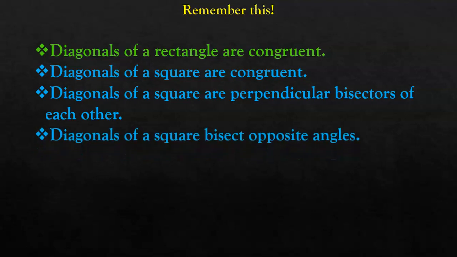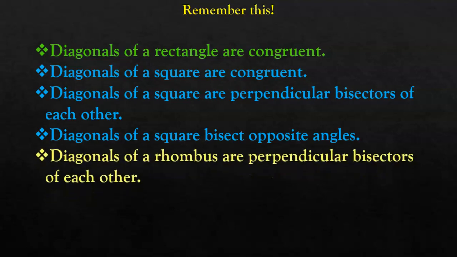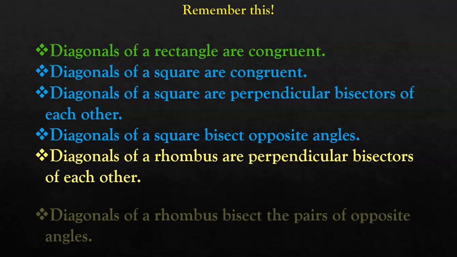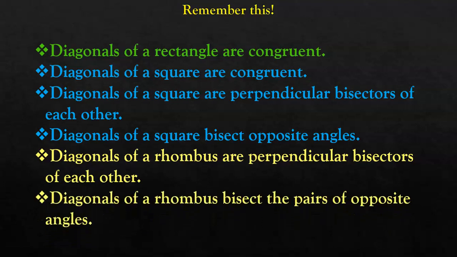Diagonals of a square bisect opposite angles. Diagonals of a rhombus are perpendicular bisectors of each other. Diagonals of a rhombus bisect the pairs of opposite angles.